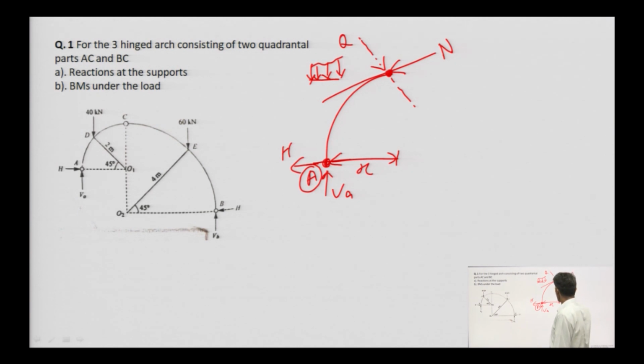Say this point is P, with coordinates x and y, where x is this horizontal distance and y is the vertical distance.